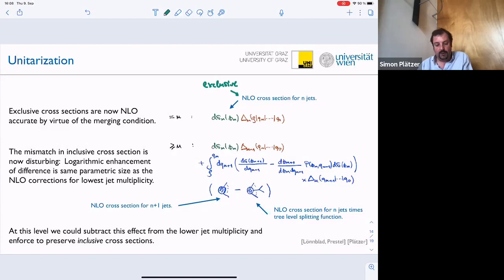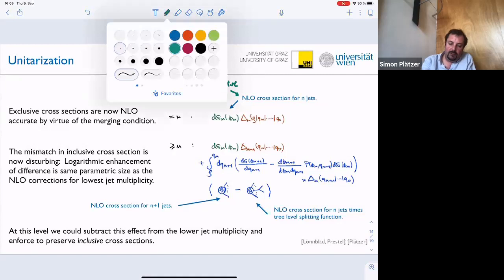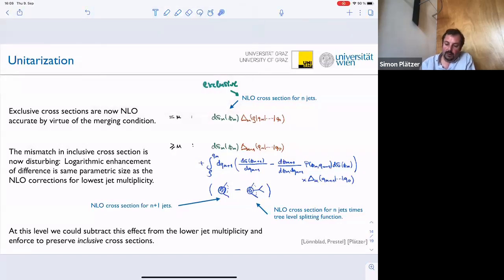And then at inclusive higher jet multiplicities, we can again ask what would have happened. And then something funny happens. The correction term we've been looking at before now again has the same form, but now this guy here represents an NLO cross-section for n+1 jets. And this guy represents an NLO cross-section for n+1 jets multiplied by a leading order splitting function, which is coming out of our leading order parton shower.